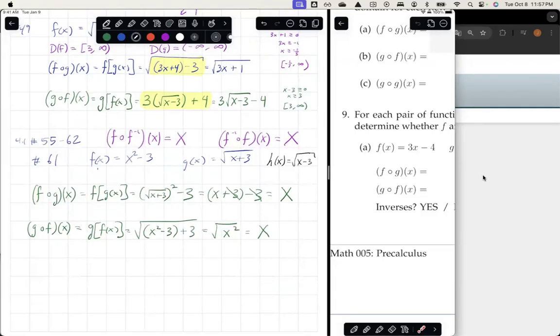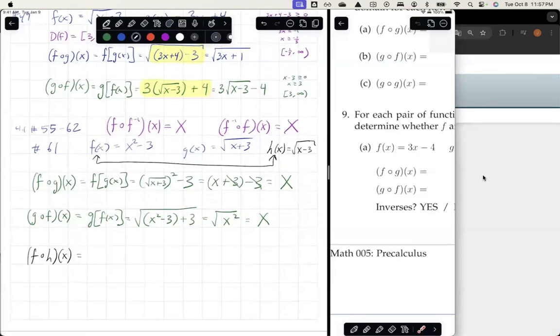And now my question is, are f and h inverses of each other? Well, if they are inverses of each other, then their composition, f of h of x, should give me just x. So let me go ahead and try to find f of h of x.